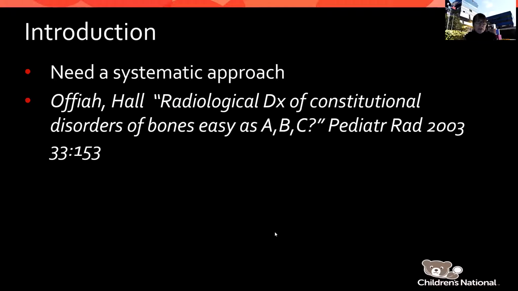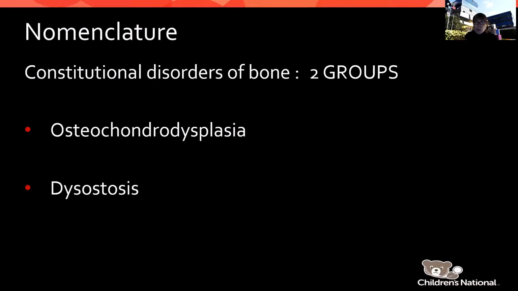So Hall years ago had a really nice article aimed at radiologists in pediatrics, you know, how to get to the approach, and I have stolen from it. And I always like to give a shout out to how they presented their details.